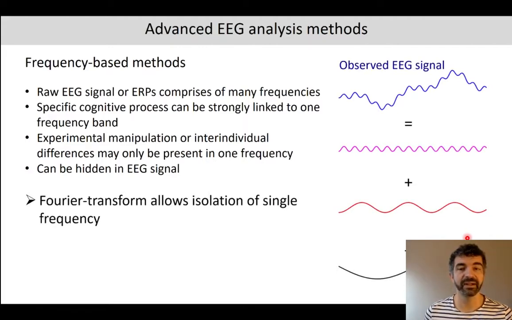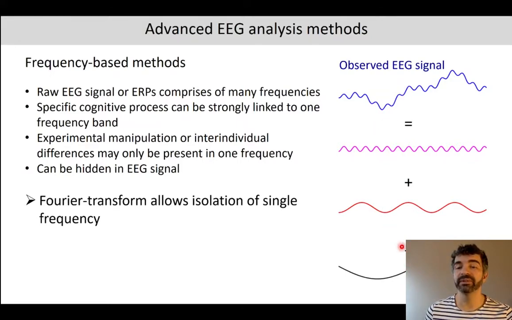This is what I've shown you earlier with the Fourier transform. So imagine there's only a variation between 2 experimental conditions in this frequency, this red line here, whereas the others remain the same. Then if you only look at the observed EEG signal, this might be less salient or might even be hidden.